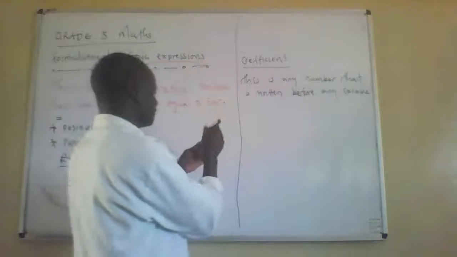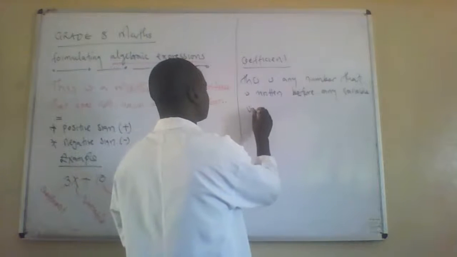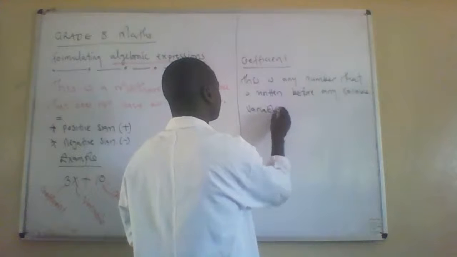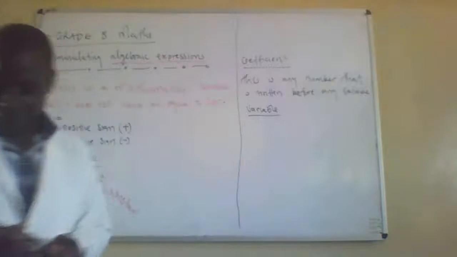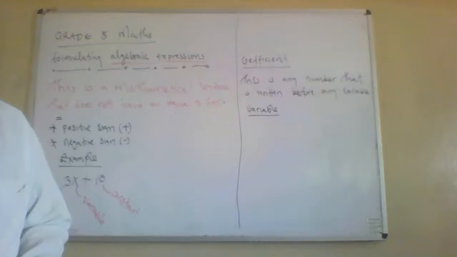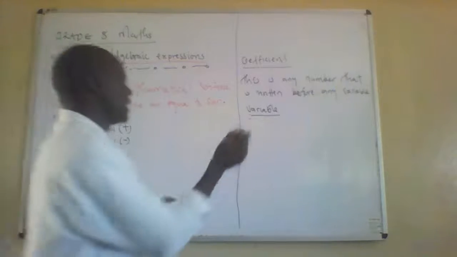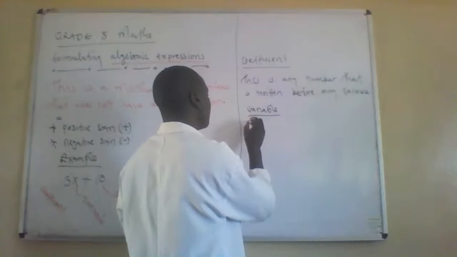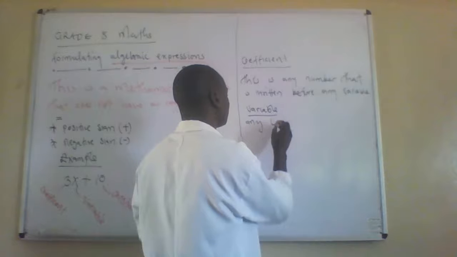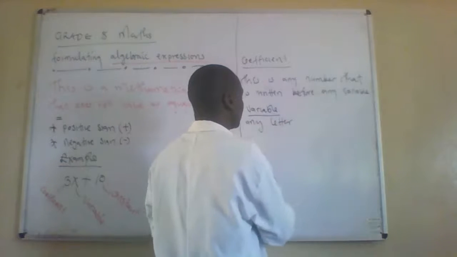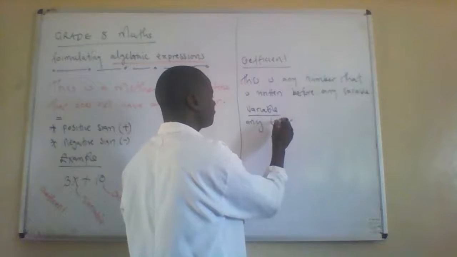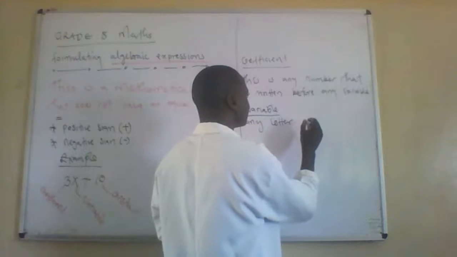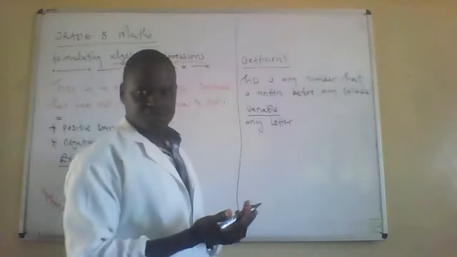Now, what is a variable? A variable is any letter, and this letter can represent any value.